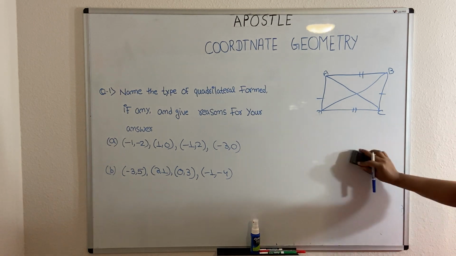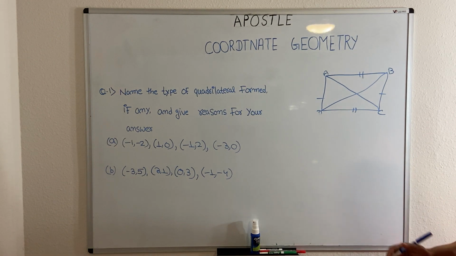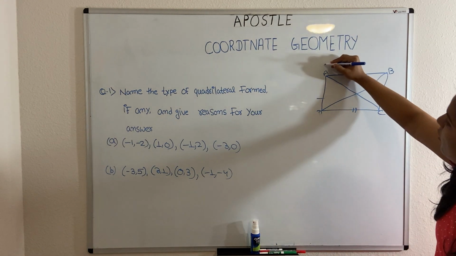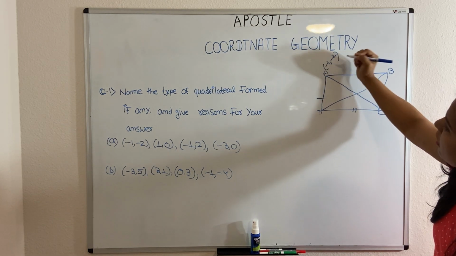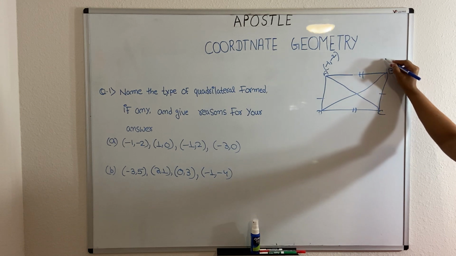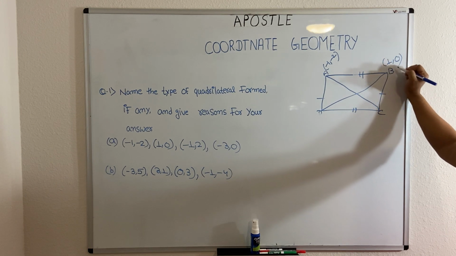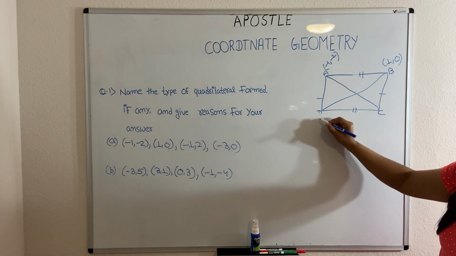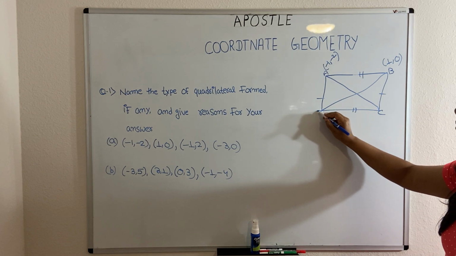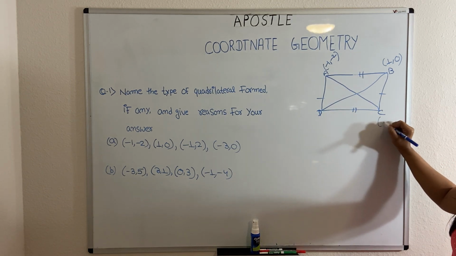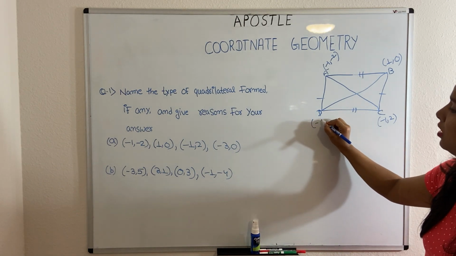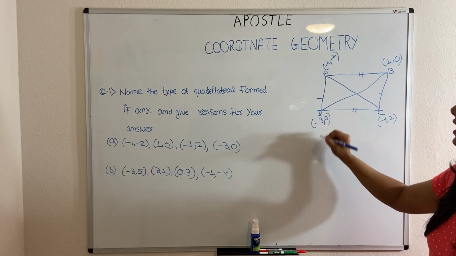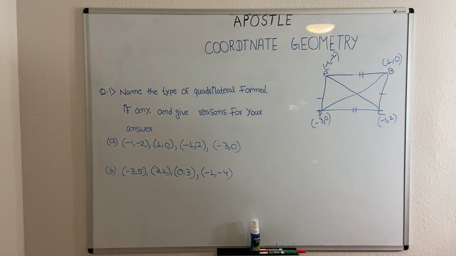Now I am going to proceed towards solving the problem 1A part. In part A, I am going to let -1, -2 be point A, 1, 0 be point B, -1, 2 be point C, and -3, 0 be point D. In this question we have to apply the distance formula 6 times.